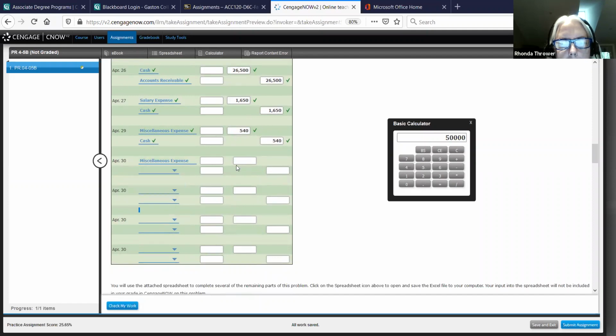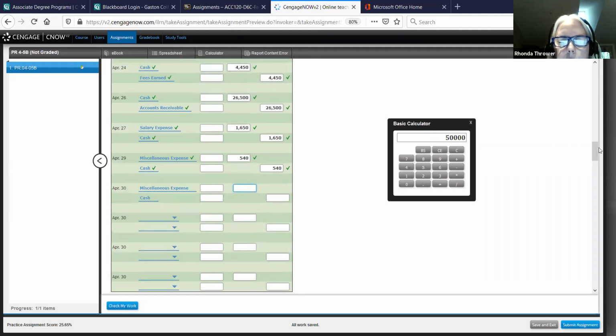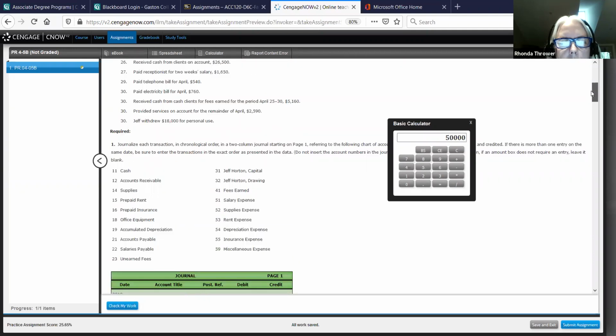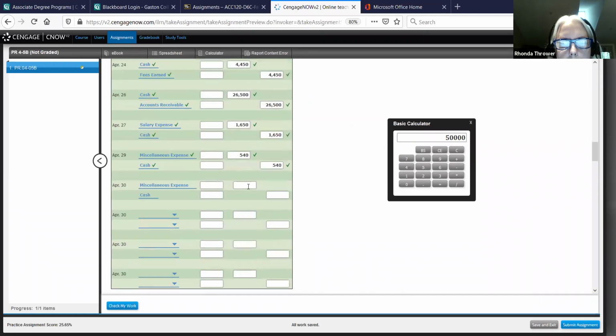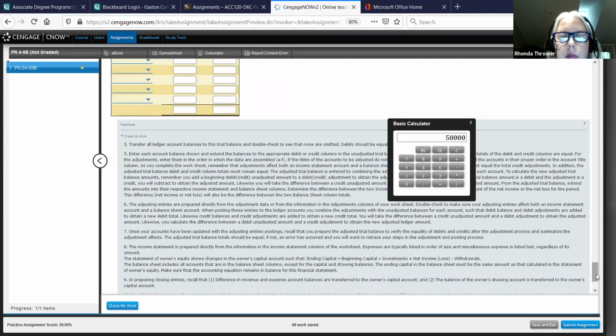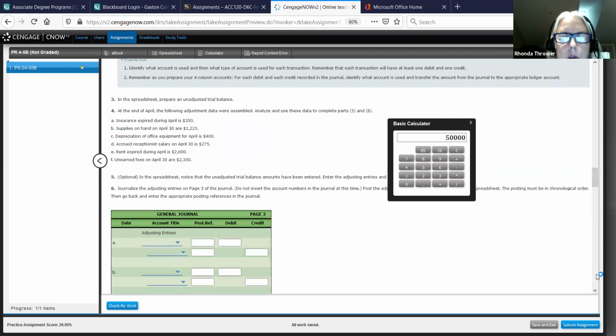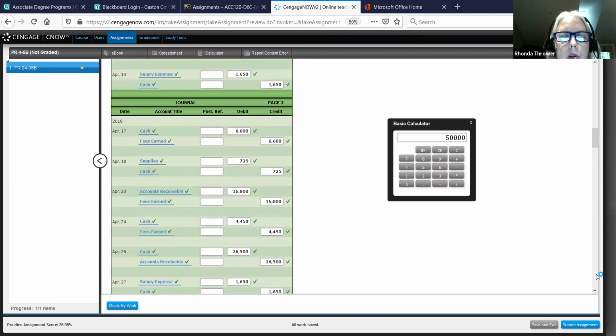Yeah, that's the only thing that could work. And we will credit our cash again. And the amount of that electricity bill was $760. So we're going to check our work. And then we're going to move that on up to April the 30th.